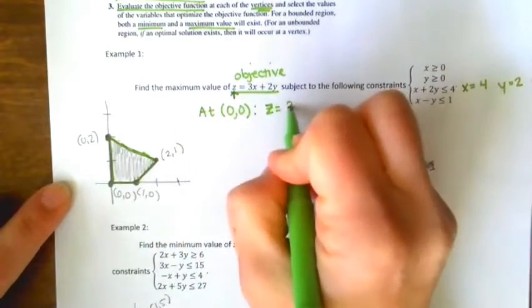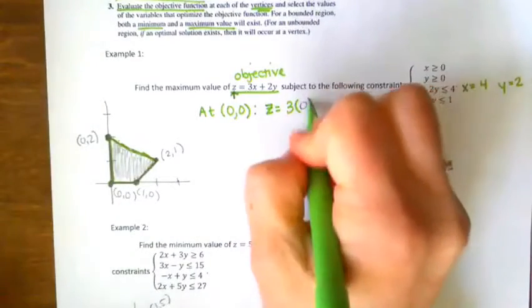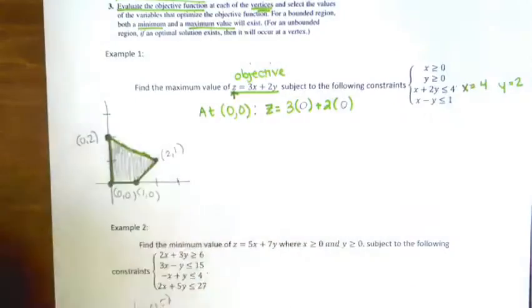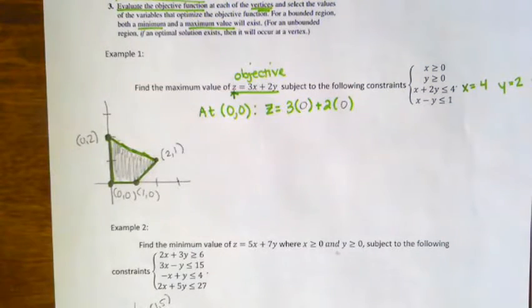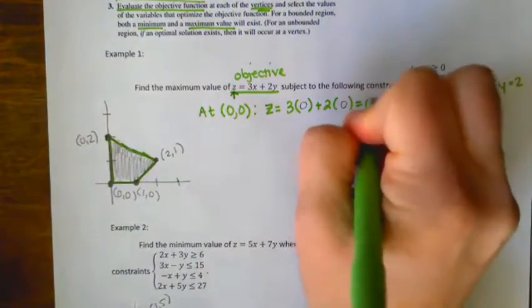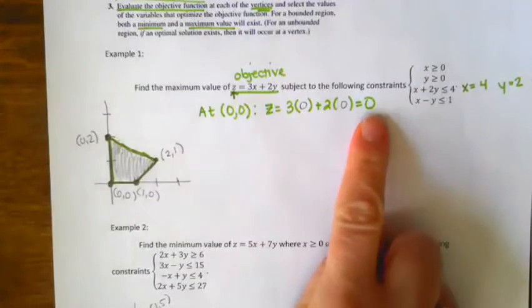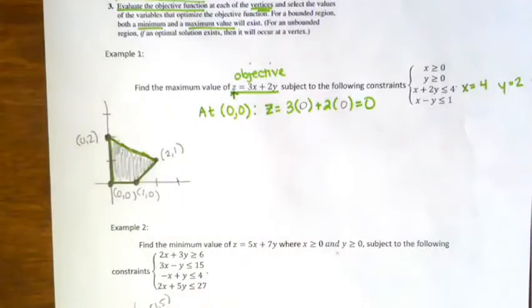We're going to have 3 times 0 plus 2 times 0, and we just evaluate. And what do we get? 0. Right now, that's a really low value, so potentially that could be our minimum value.